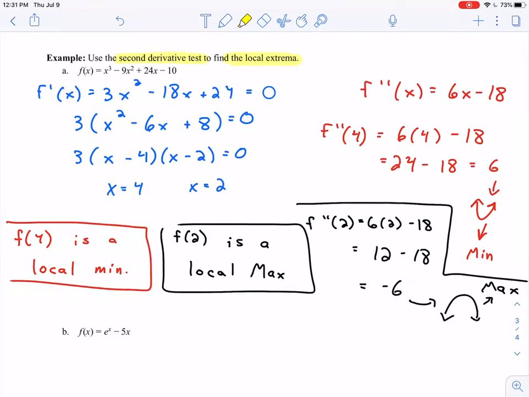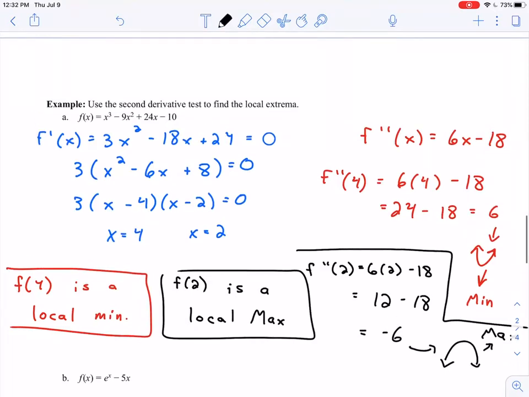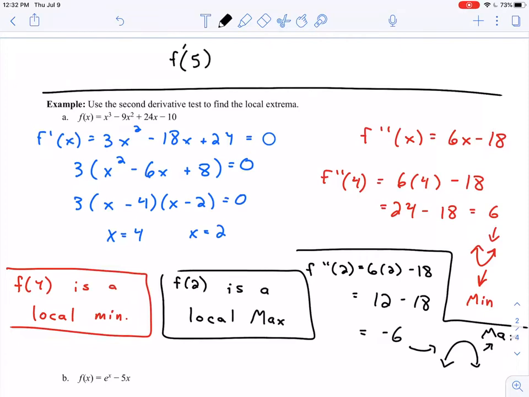Or perhaps I might say something like, and this is just an aside here, if I know that f prime of 5 is equal to 0, and f double prime of 5 is equal to negative 2, what can we conclude about f of 5? Well, first of all, we have a horizontal tangent line.